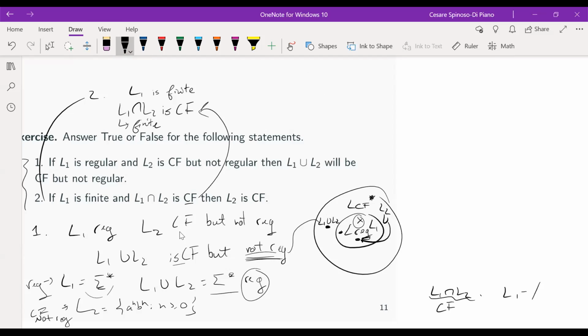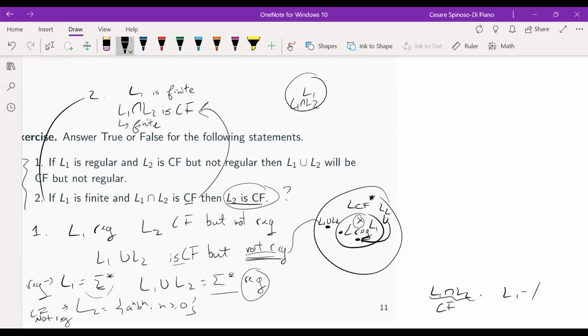Then it says that L2 is context-free. So what do we think? Is this true? If we draw, let's say L1 is finite, so it has to be regular. L1 intersect L2 is context-free, so actually it's in here because it's finite.